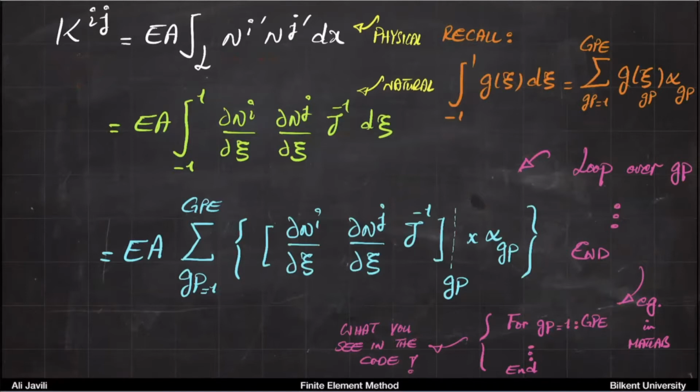In this calculation, you are dealing with the physical space. So it's dx. This is integration over L, and the primes are the derivatives with respect to x. Whereas you need to transform that into natural coordinates, and then in the natural coordinate system, you can integrate it like that, and that would transform to a summation over the Gauss points, basically.